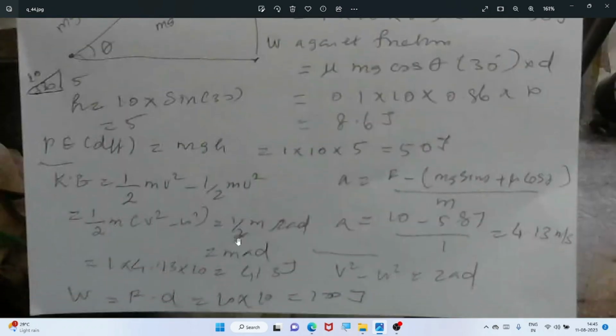Change in kinetic energy: acceleration we found as force divided by the mass, and from that we can find the velocity. So change in kinetic energy is this much. This is based on that kinematic equation which I already showed.